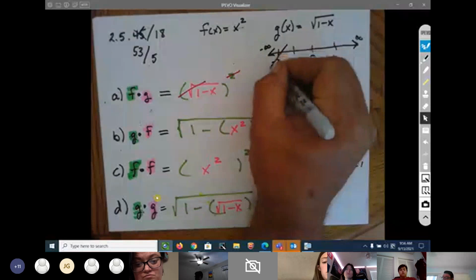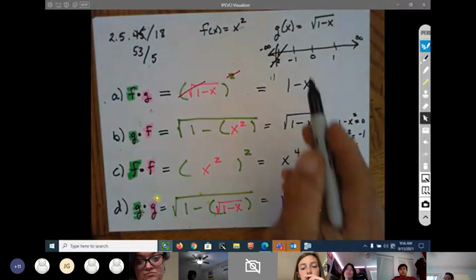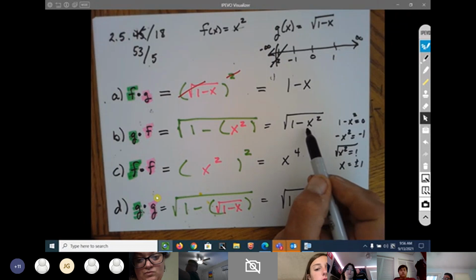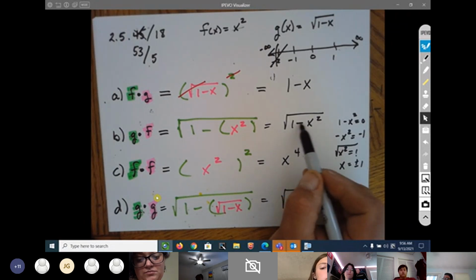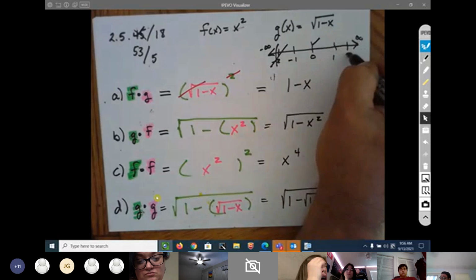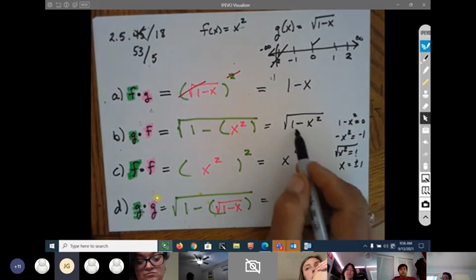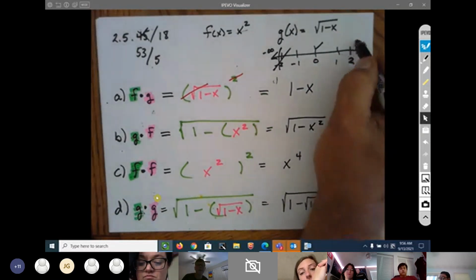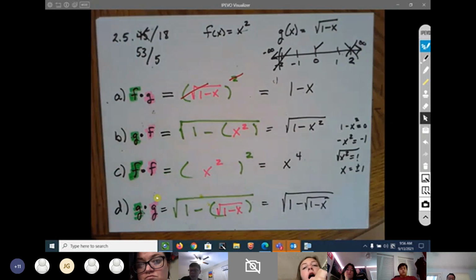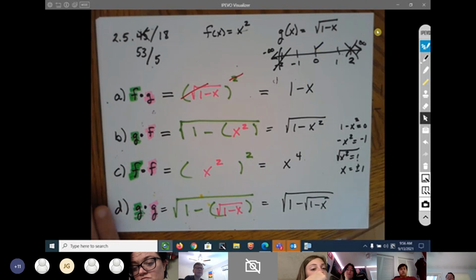So we can't use negative 2. Let's use 0. What's 1 minus 0? 1. So we can use that. How about 2? Can't use 2 because that'd give us a negative. So negative 1 to positive 1 is your domain. Negative 1 to positive 1.